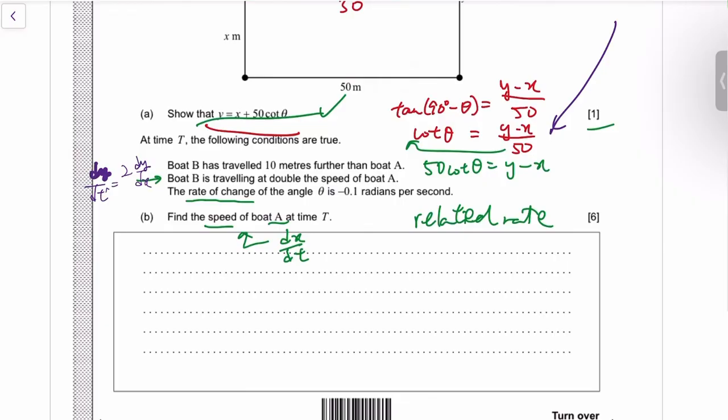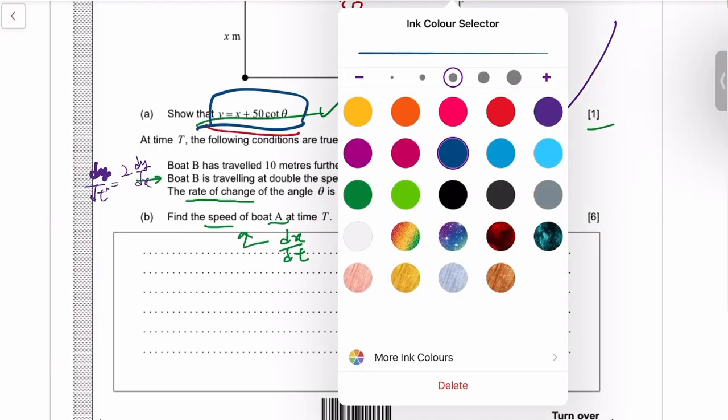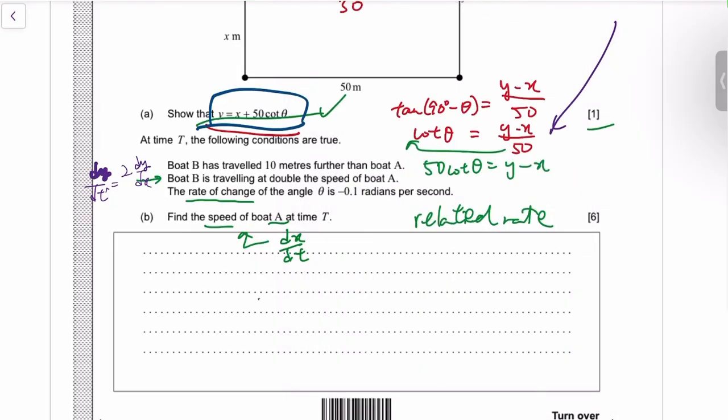That probably means we should differentiate this. So we would be differentiating this implicitly with respect to time.